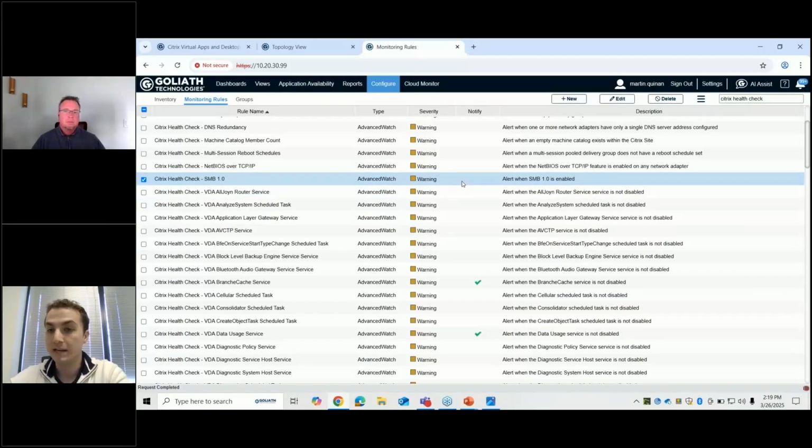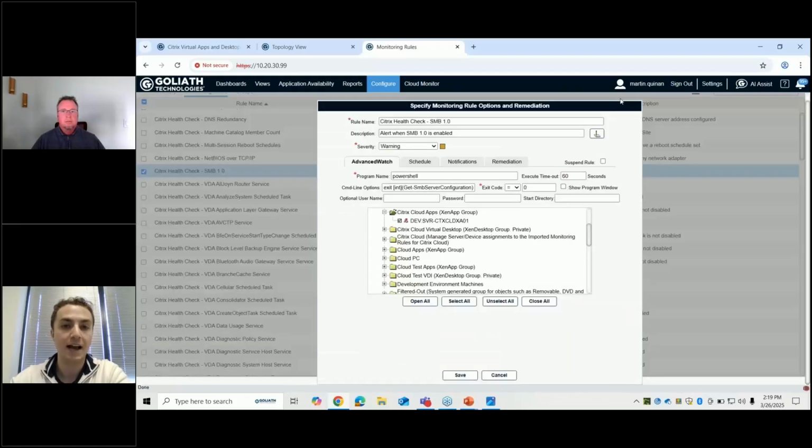This should be disabled in most environments. However, in our large ones, and what we saw even at a recent customer, was largely this was disabled. After running the Citrix Health Check here, automated, we were able to get a report back of exactly where this particular feature was found to be enabled.